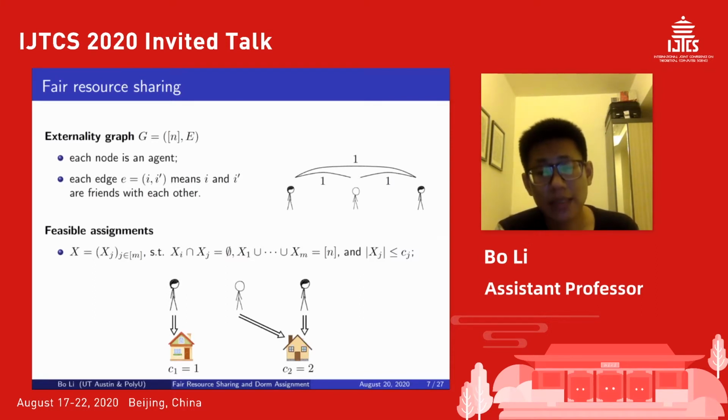And the union of all these sets of agents should cover all the agents. So every agent is assigned to some resource. Here we also have a feasibility constraint. That is, the number of agents assigned to some resource j should be no more than its capacity, Cj. And if every requirement is satisfied, this is called a feasible assignment.